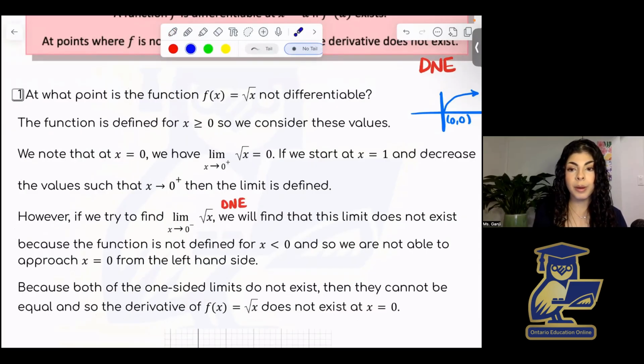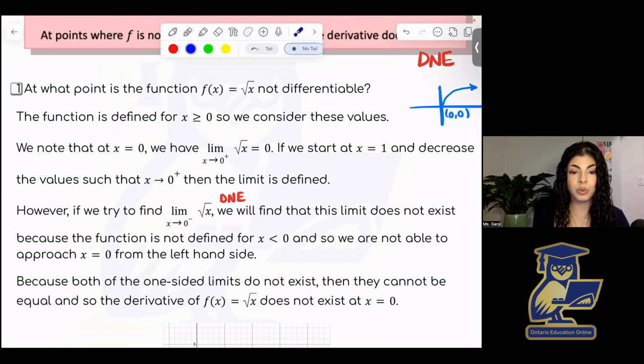If you remember from the definition of a limit existing, we need the right-hand side and the left-hand side both to exist and for them to be equal. Clearly one of them exists, but together we don't have two limits, so they can't be equal to each other because one of them is a limit that does not exist.